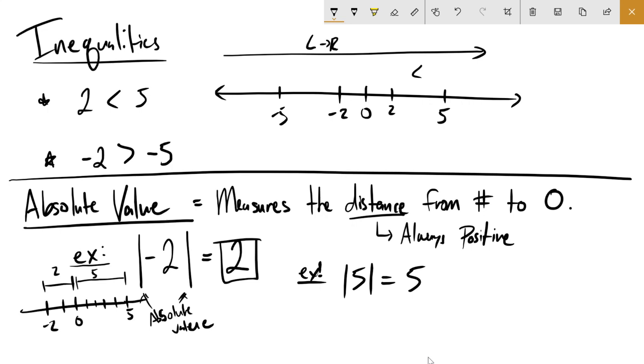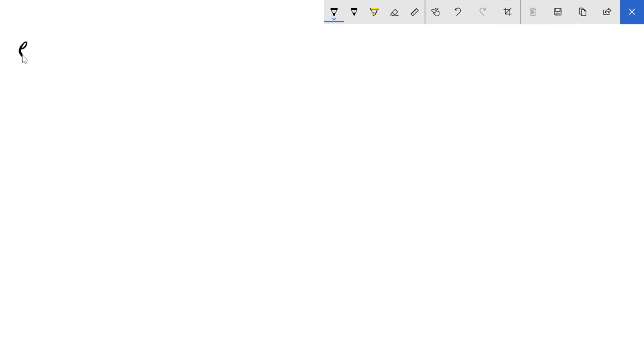All right. Anything else? Oh, one other thing about that. If you do encounter absolute values inside of order of operations, the absolute value is on the same level as parentheses.